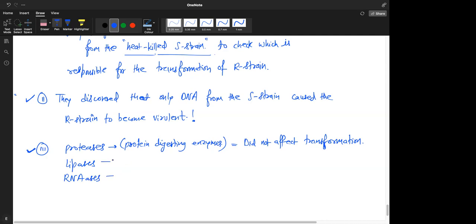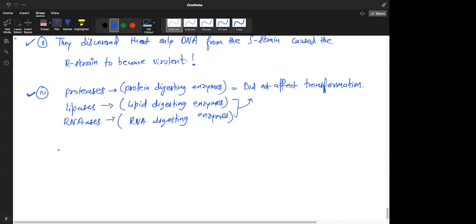So all these three had the same result. So these are lipid digesting enzymes, RNA digesting enzymes. So all these also did not affect the transformation.